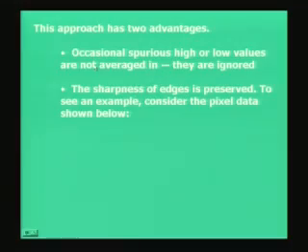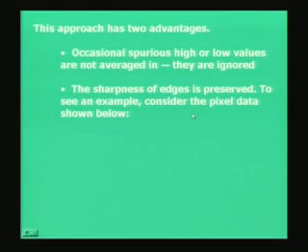You can take an even larger size, and if the larger window captures 2 or 3 different spike noise pixels at 2 or 3 different places, since you are sorting them, those values will be at the extreme end, at the beginning or the end of the sorted sequence, and you pick up the median value. So that is what I say: the occasional spurious high or low values are not averaged in, and they are ignored. And the other important advantage is that the sharpness of edges is preserved.